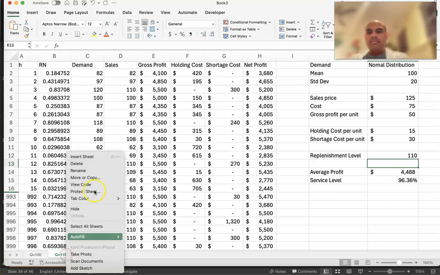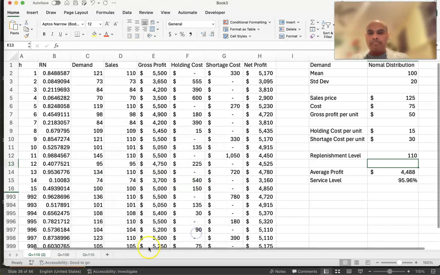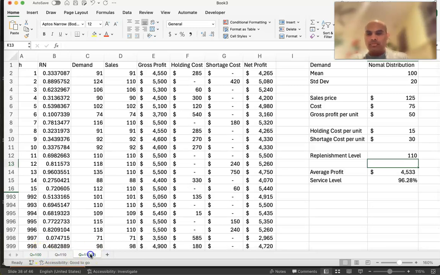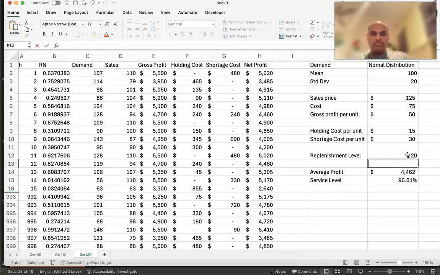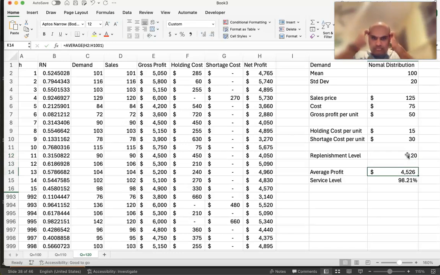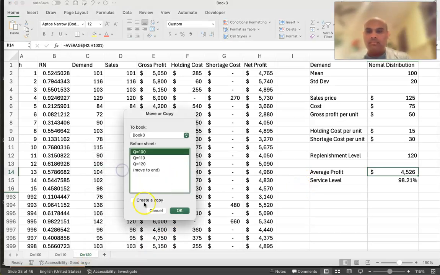We'll do everything up to 150, right? Let's do 120. Then we'll do 130, 140.